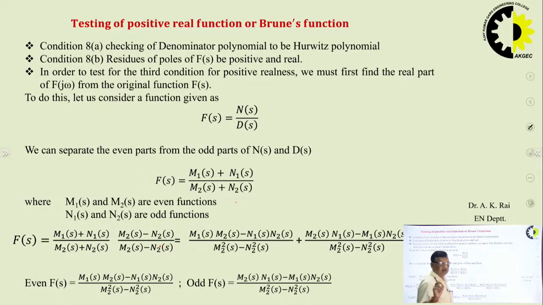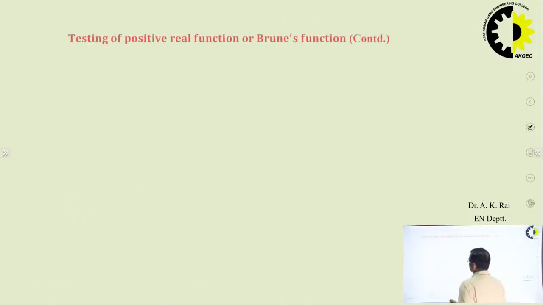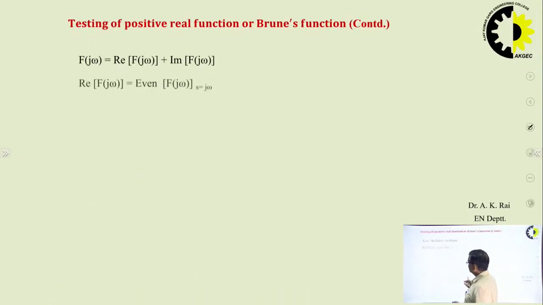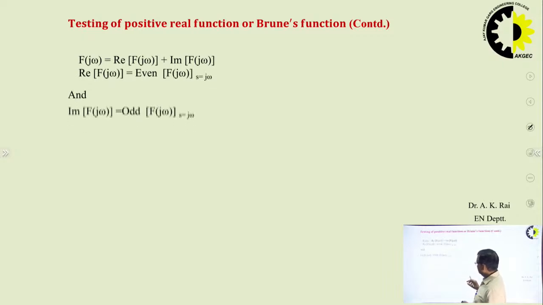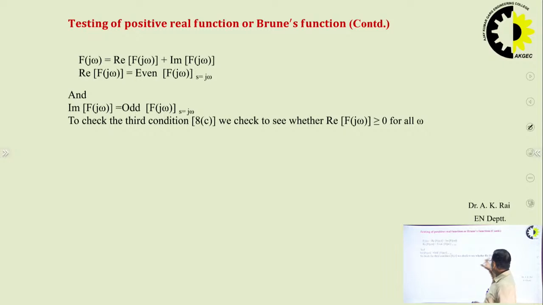To check condition 8c, we have to check the even part of F(s). Take the even part, because the real part of F(j omega) is the even part. So this is the real part and we have to check the condition that the real part of F(j omega) is greater than or equal to 0 for all omega. We separate the real and imaginary parts of F(s) and take the real part.